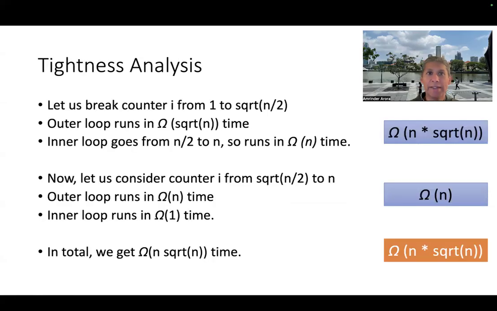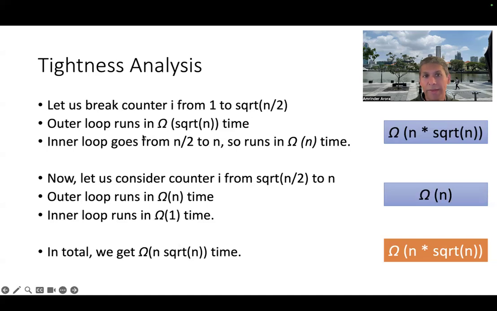So to do the tightness analysis, we introduce another breakpoint. In this case, we are trying to show that the algorithm does not take less than this much time. So that's why we are using the big omega notation now. So let's break the counter i from 1 to square root of n divided by 2.